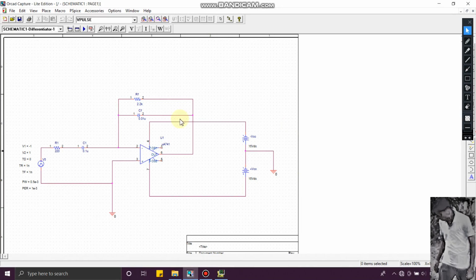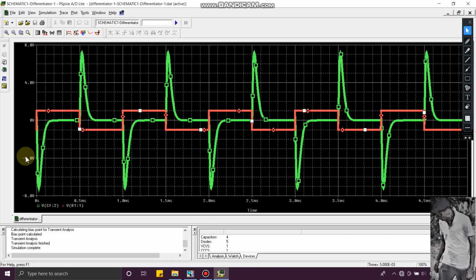If you take the equation, output is equal to minus CF RF dVi by dt, you differentiate the square wave and you will get a spike wave. You can see here it just repeats.